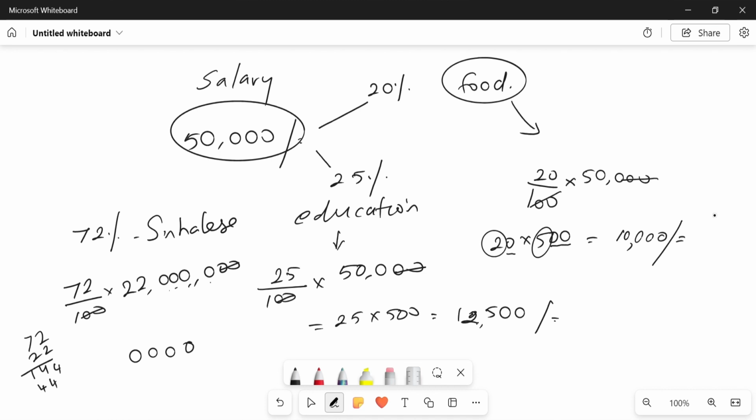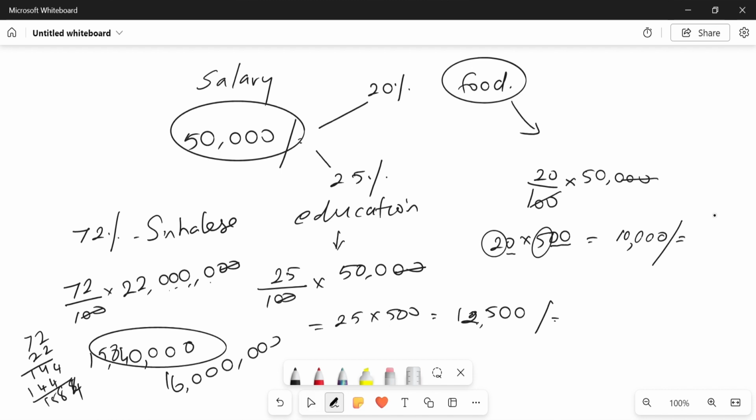Again 14, 4, 8, 5, 1. 1, 5, 8, 4. That means 15,840,000. Approximately 15 million, or 16 million people are Sinhalese people.